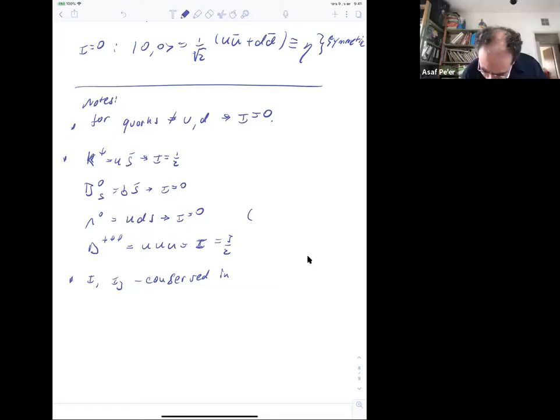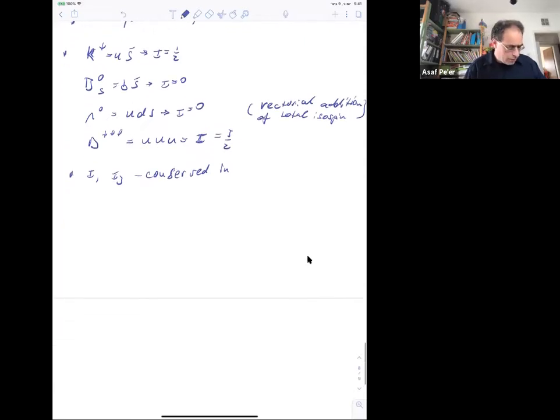Yeah, it's vectorial, of the total isospin. I want to give you an example, which you'll see in 1 second. So I and I3 are conserved in strong interactions.